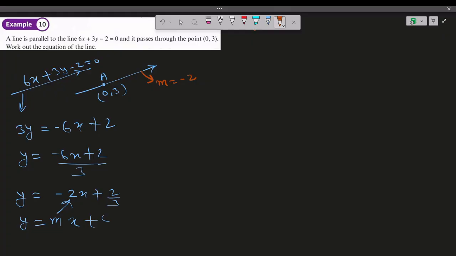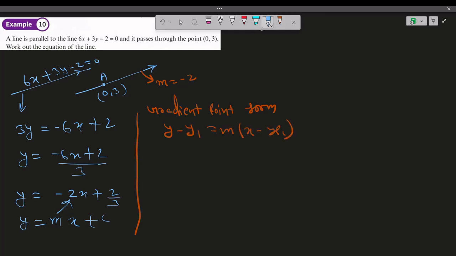And now definitely we can find the equation. To find the equation, we have the gradient and we have a point. So let us use the gradient point form, which is y minus y1 equals m into x minus x1, where x1, y1 is the point through which the line is passing.